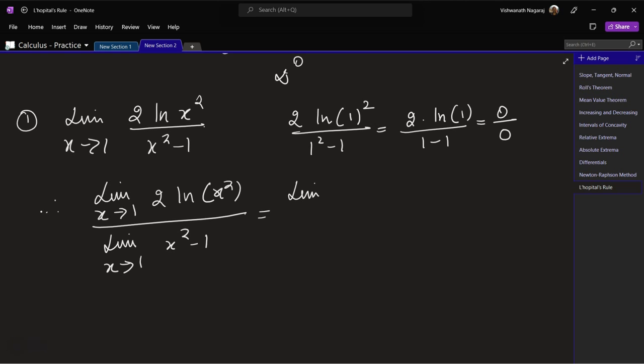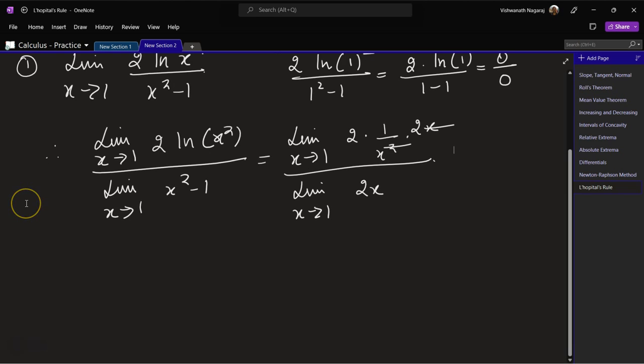So when we differentiate, we get the limit as x approaches 1 of 2 times 1 by x square times 2x, divided by the limit as x approaches 1 of 2x. One of the x's cancels here, and let's see what happens.